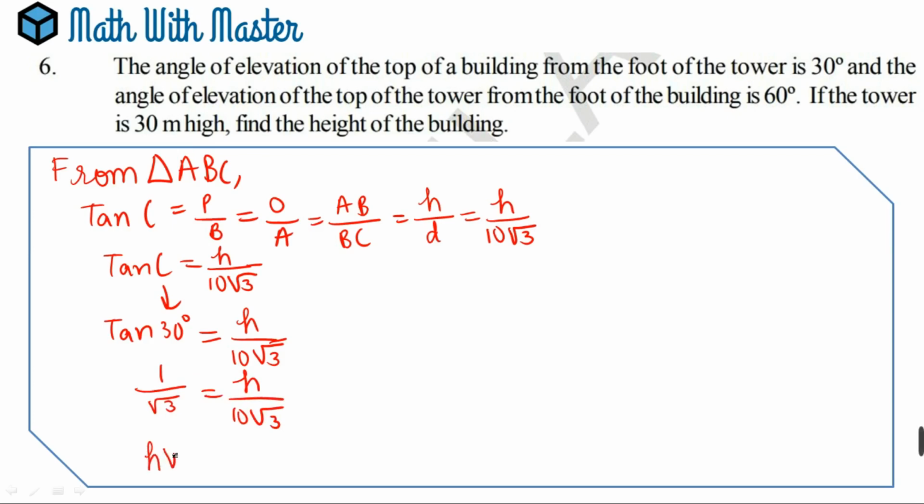So H into root 3 is equals to 10 into root 3. Root 3 and root 3 will get cancelled, and from this we can say the height of the building is equals to 10 meters. This is the right answer.